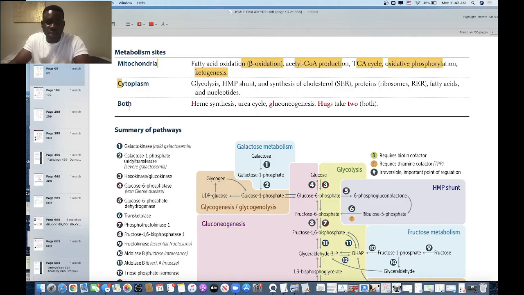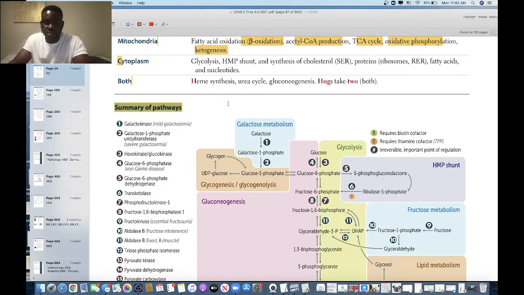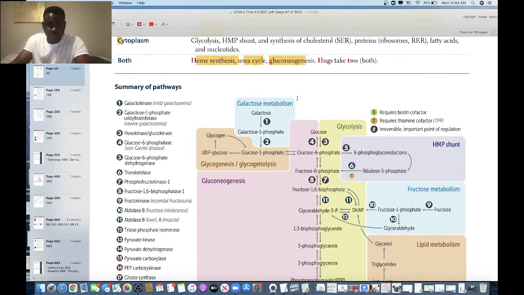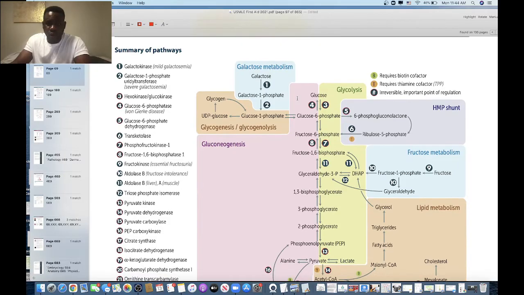And then what occurs in both of them: heme synthesis, and then urea cycle, gluconeogenesis, all occur in both of them. We'll see that later. This is the summary of all the pathways.